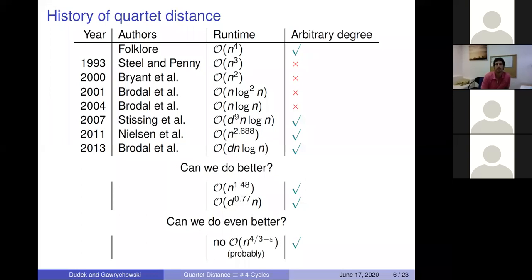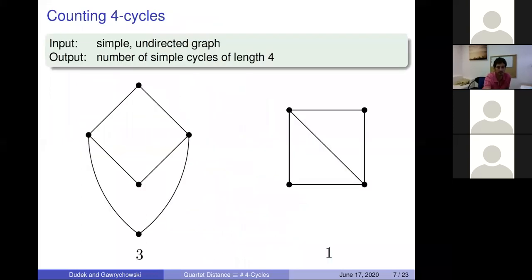So this is what we show, and it's all shown by connecting the complexity of computing the quartet distance to a different problem that's, I guess, more fundamental. It's a basic graph problem. It's defined as follows. You are given a graph.